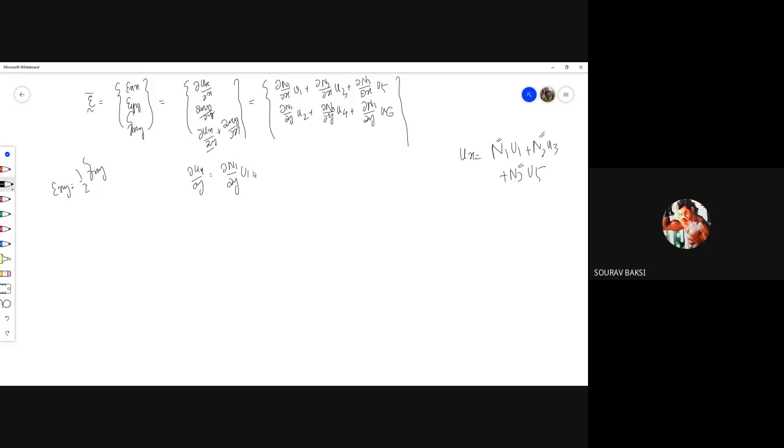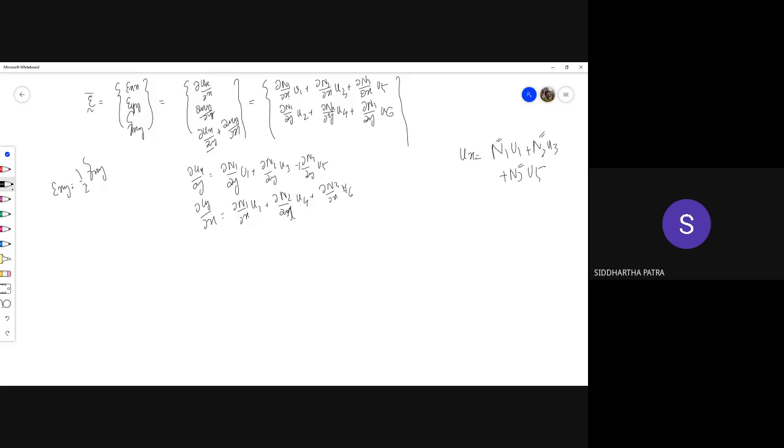Then del n2 del y times u3, then del n3 del y times u5. For the next term it is going to be del n1 del x times u2 plus del n2 del x times u4 and del n3 del x times u6.